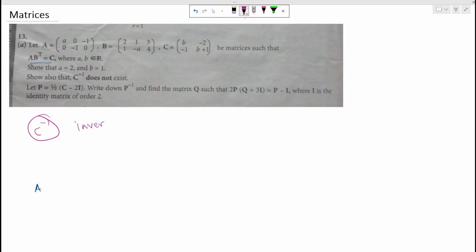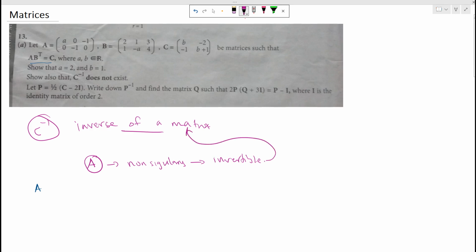Now we have to know what the inverse of a matrix is. Okay. Now if a matrix A is non-singular, then it is called invertible. Invertible in the sense the inverse of the matrix will exist.